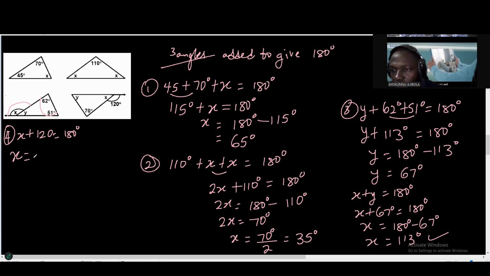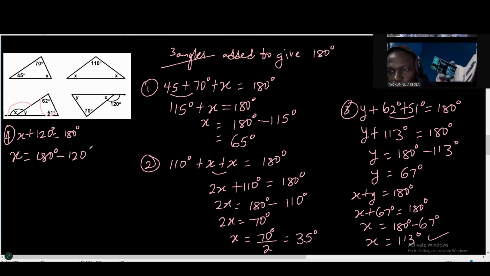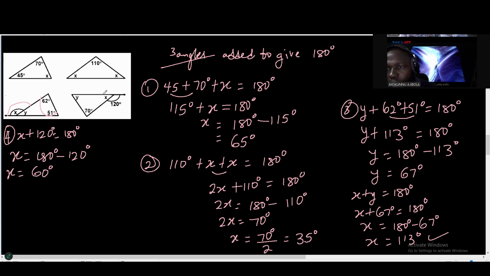Then x equals 180 degrees minus 120 degrees. What is 180 minus 120? 60 degrees. Then we have found x. Then we can say x plus y plus 70 equals 180 degrees.